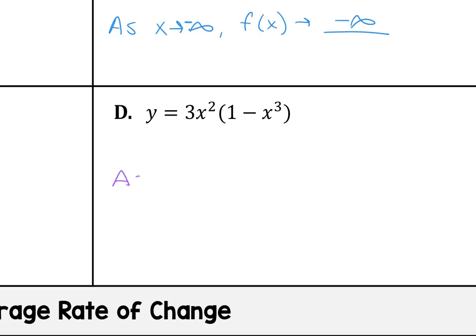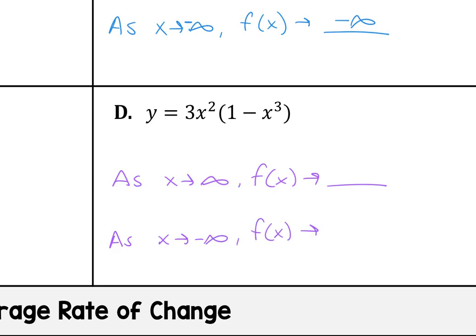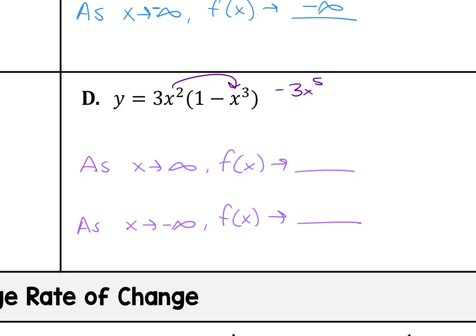Last one, as x approaches infinity, f of x approaches blank. As x approaches negative infinity, f of x approaches blank. If we were to distribute this in, we would get a negative 3x to the 5th. This is an odd function going negative, so it looks like this.